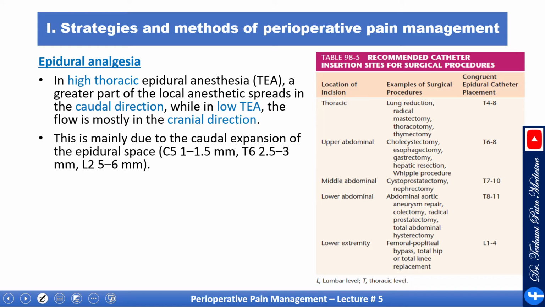So, speaking of site of insertion, it is very important to think about the site of insertion that should cover the surgery. So high thoracic epidural analgesia would give a greater local anesthetic spread caudal than low thoracic epidural, which is mostly cranial.